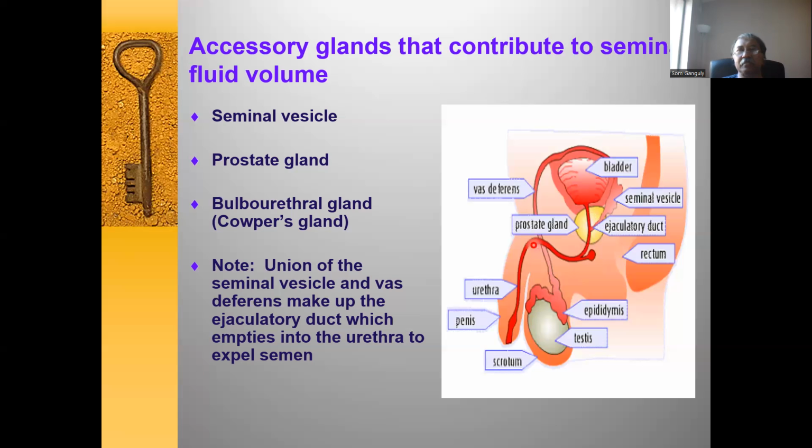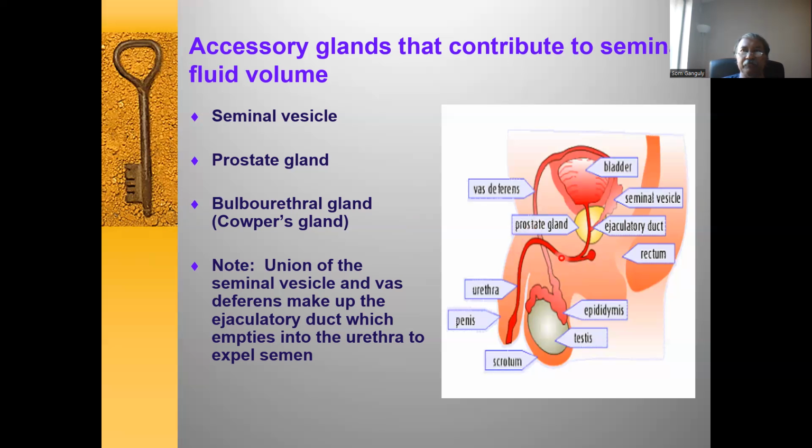Then we have the distal part of the urethra that courses out through the penis, penile area. So that is why you're hearing seminal vesicle dumps its fluid into the prostatic urethra. Prostate gland, this yellow illustration here, also dumps its fluid into the prostatic urethra. Bulbourethral gland is situated right beneath the prostatic structure, so it ejaculates its fluid into the urethra.